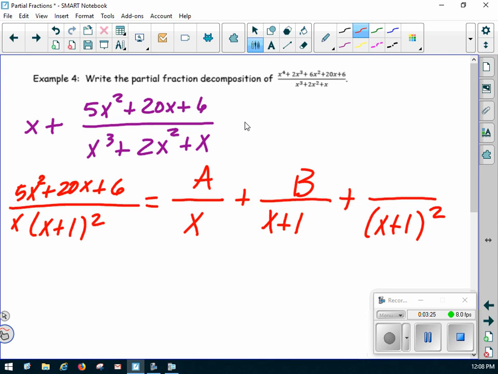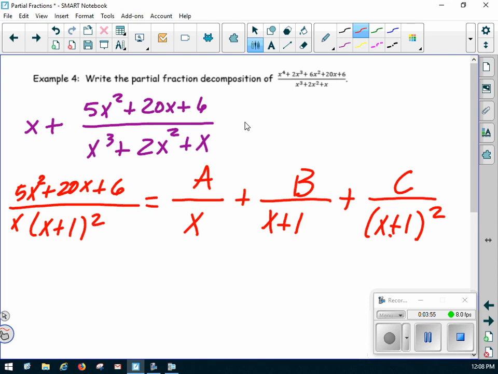This factor is linear, so the numerator is going to have to be constant. No, you don't worry about the exponent. You just look at the factor. Because that's the way you do partial fractions. I don't have a better answer.